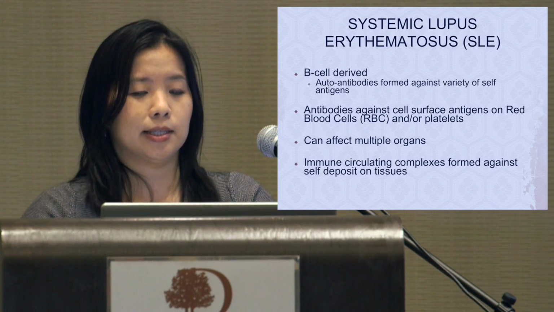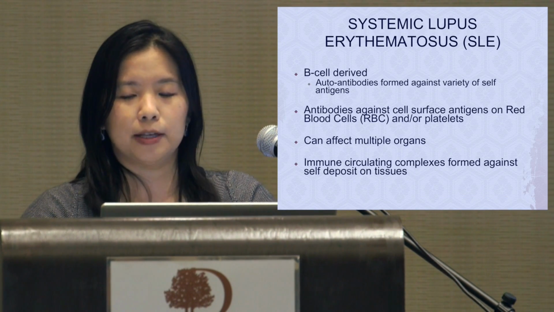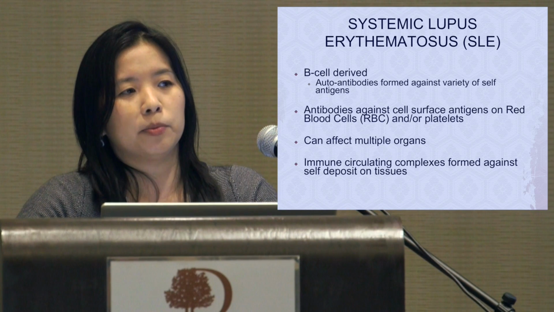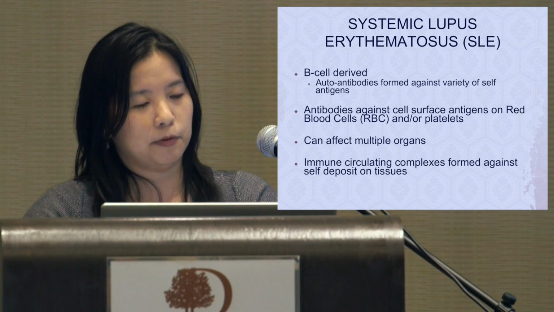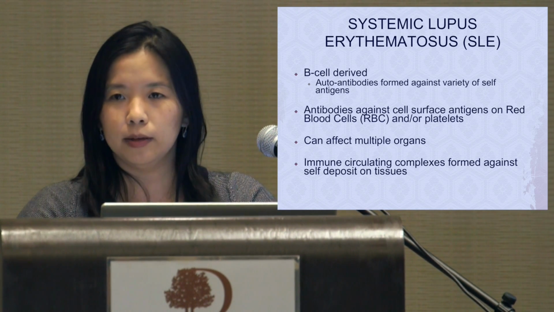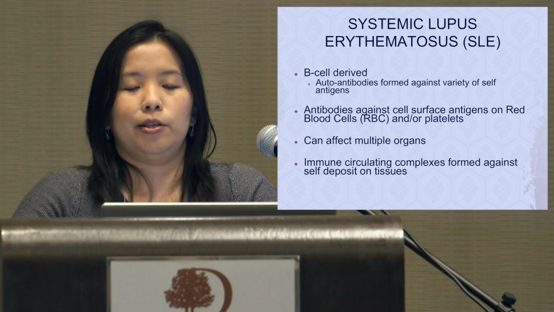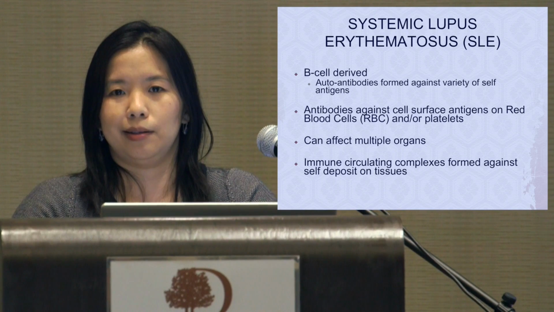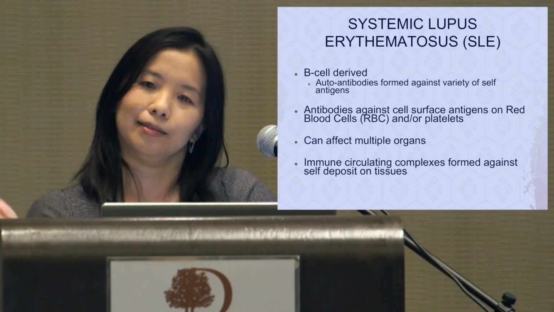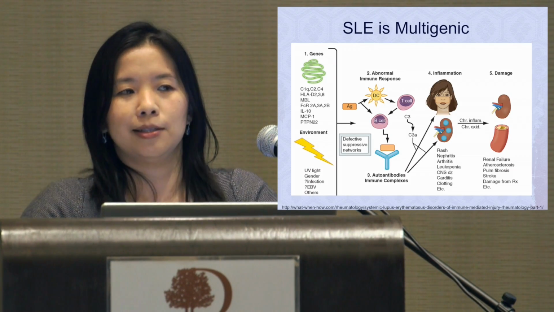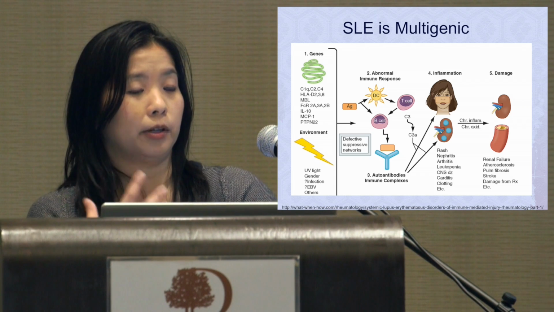And just like I said, systemic lupus can affect many different organs because your body is producing antibodies, like I said before, by the B cells. It's very B cell derived. It's producing antibodies against your red blood cells, essentially telling your body to destroy them: oh, this is not mine, just tag it, get rid of it. Red blood cells travel everywhere in our body.